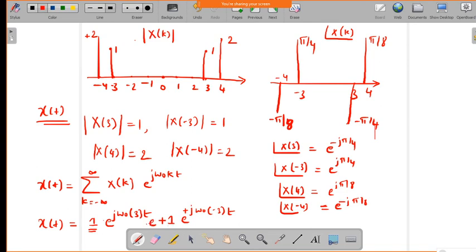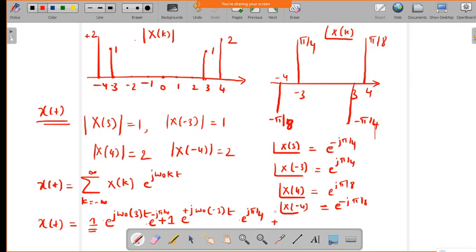So we need to multiply the phase values. That is, x of 3 is nothing but e power minus j pi by 4, and here e power plus j pi by 4. This is for x of 3 and x of minus 3.